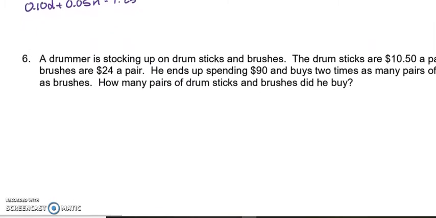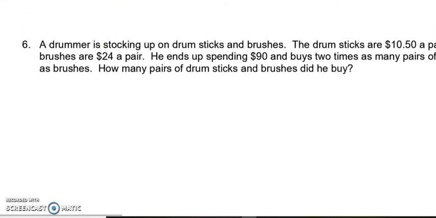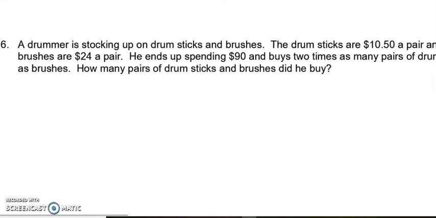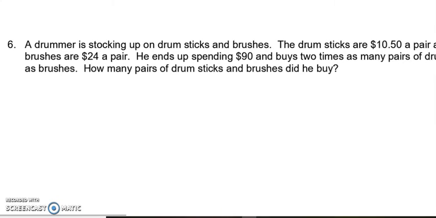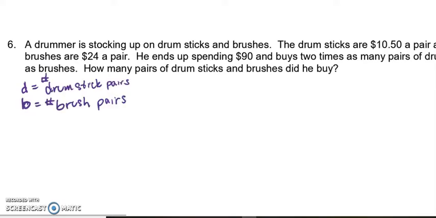I want you to look at the number 6 one and then you're on your own. Drumsticks are $10.50 a pair. So drumsticks. I'm going to turn this off for a second while I write those. So I've defined my letters so I know what they are. Drumstick pairs are $10.50 times D plus $24 for the brushes.